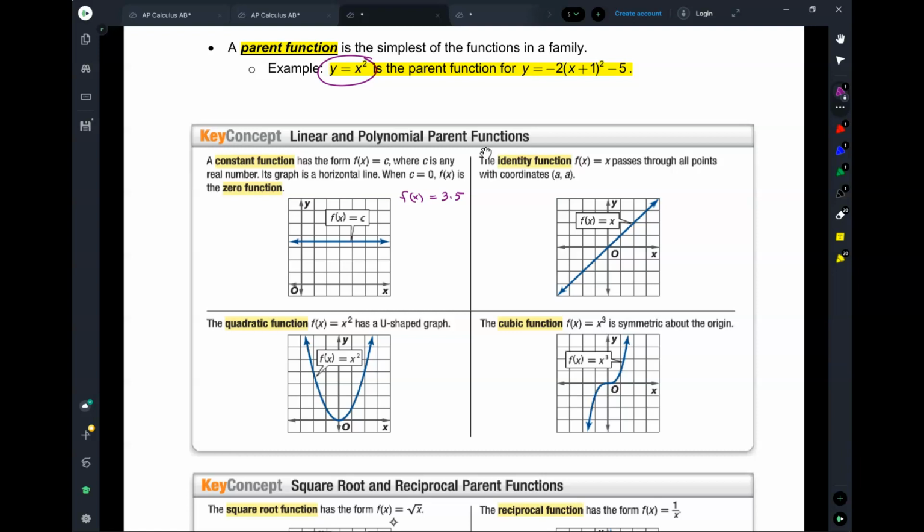Next, we have the identity function, f of x equals x, or y equals x. So if you do have y equals x, when x is 2, what's y? When x is -5, what's y? Hence the term identity function, right? So x and y are the same.